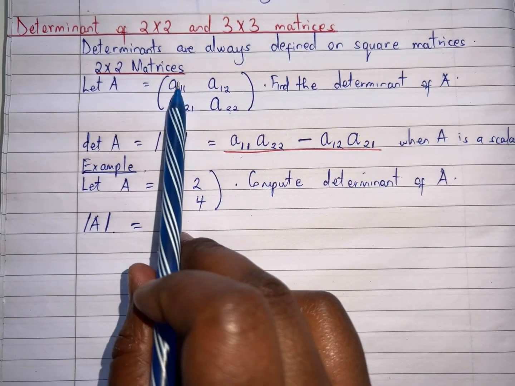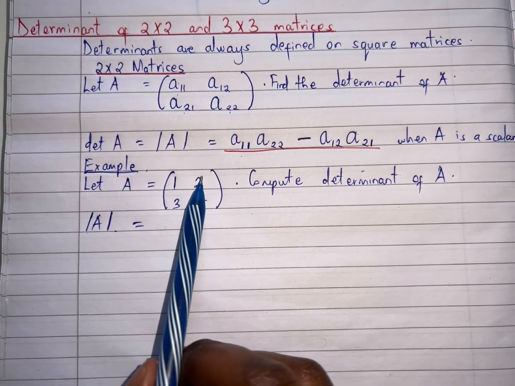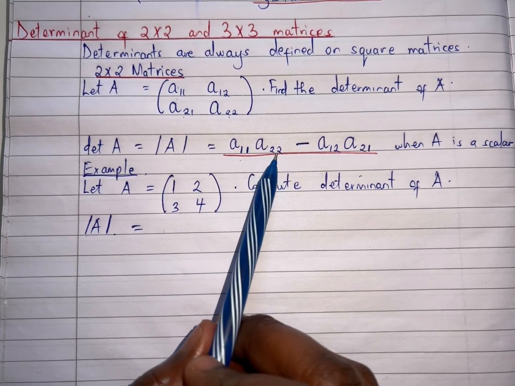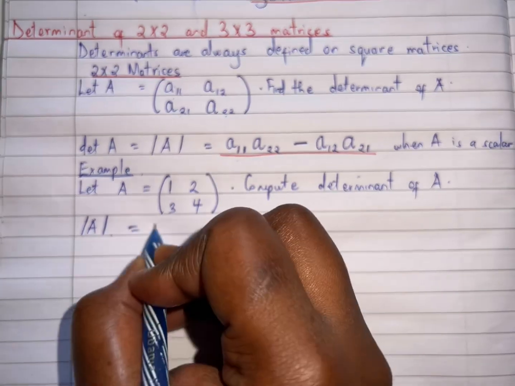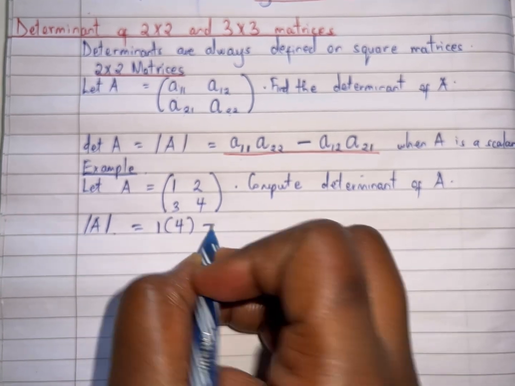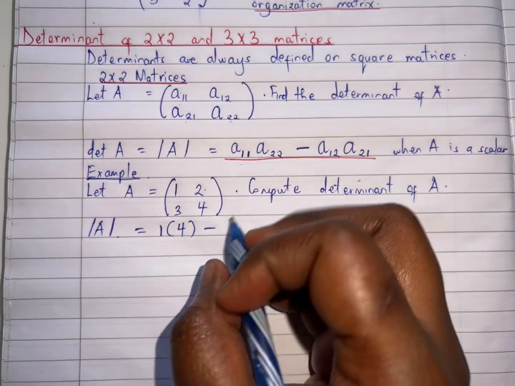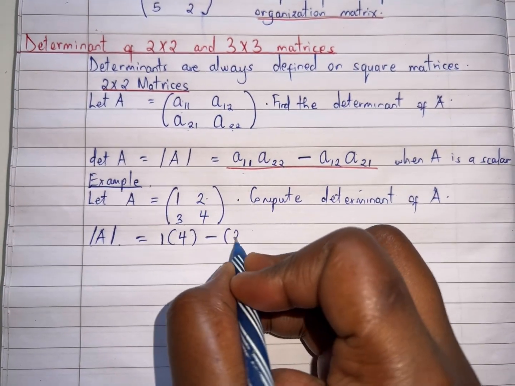A11 here is 1, and A22 is 4. So we have 1 times 4, minus A12 which is 2, times A21 which is 3, so 2 times 3.